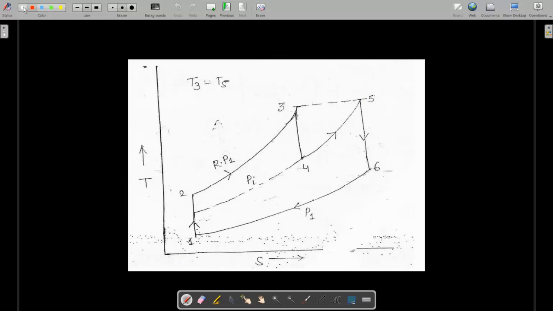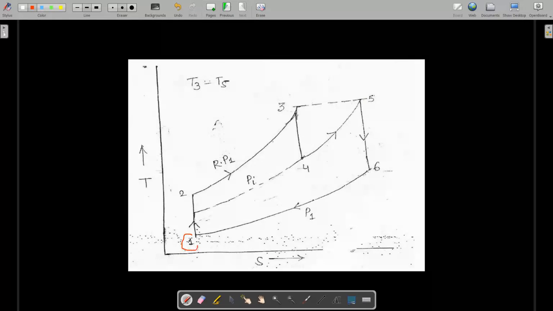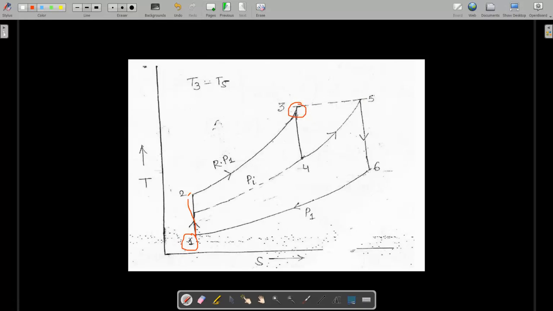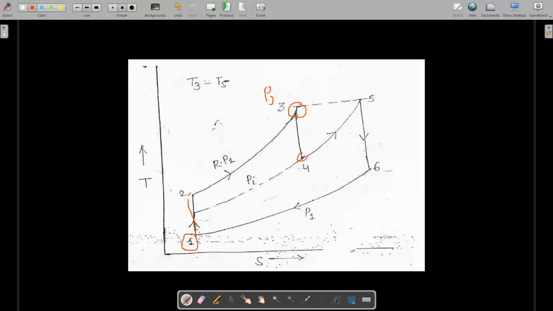This is the initial condition 1, pressure P1 and temperature T1. It is compressed and then heated to temperature T3, with corresponding pressure P3. It is expanded up to point 4 in the high pressure turbine, and then reheated to this point, which is point 5, and the temperature at 5 and 3 is the same, T3 is equal to T5.